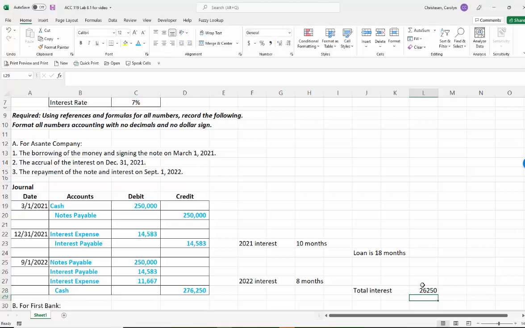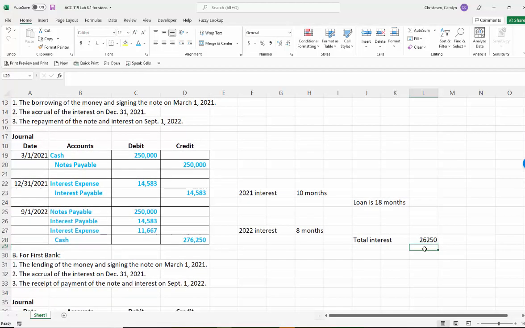So our total interest is supposed to be $26,250. And let's just double check that that's what we have. We have $14,583 plus $11,667. All right, our total interest that we've recorded is $26,250. That's a little check. So now we know that we recorded the correct amount of interest. The total interest, $26,250 for the year and a half.